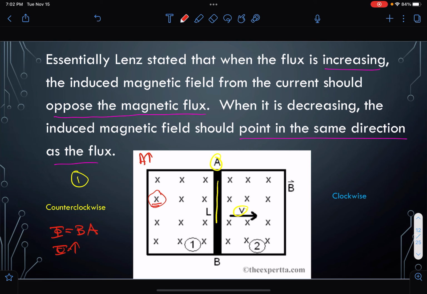This is the established magnetic field. So my current has to do the opposite of what my established magnetic field is doing. So instead of pointing my thumb into the page, I'm going to point my thumb out of the page, and then my right hand curls in a counterclockwise direction. So that's why this current in this situation is going to go in a counterclockwise motion.